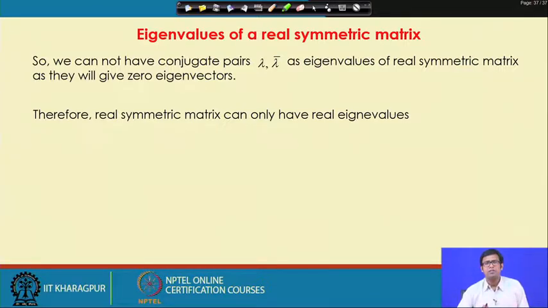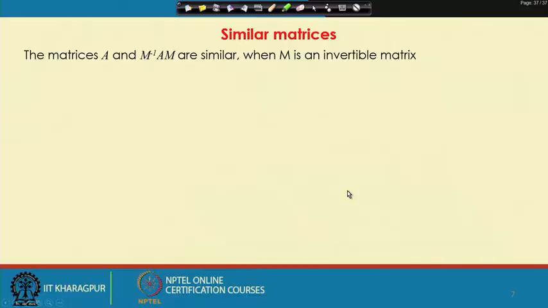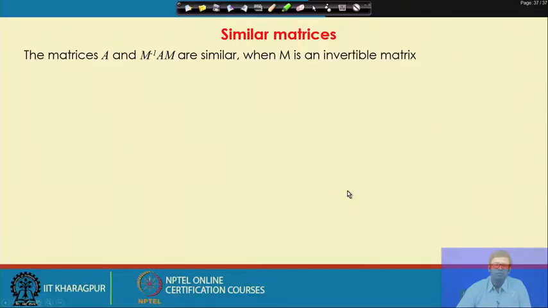So, eigenvalues of a symmetric matrix with all real numbers as its entries must be real numbers. This has a very important implication, especially when we look into symmetric matrices, because we are dealing with only real numbers in those cases.